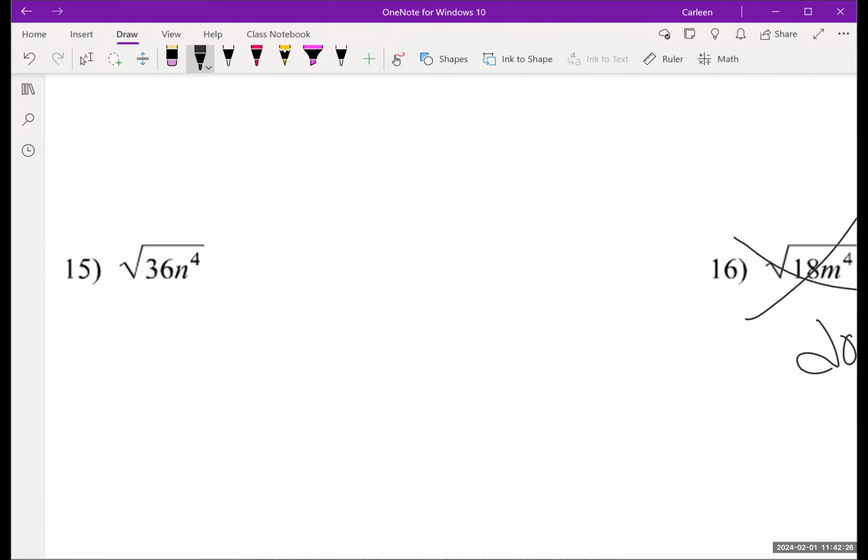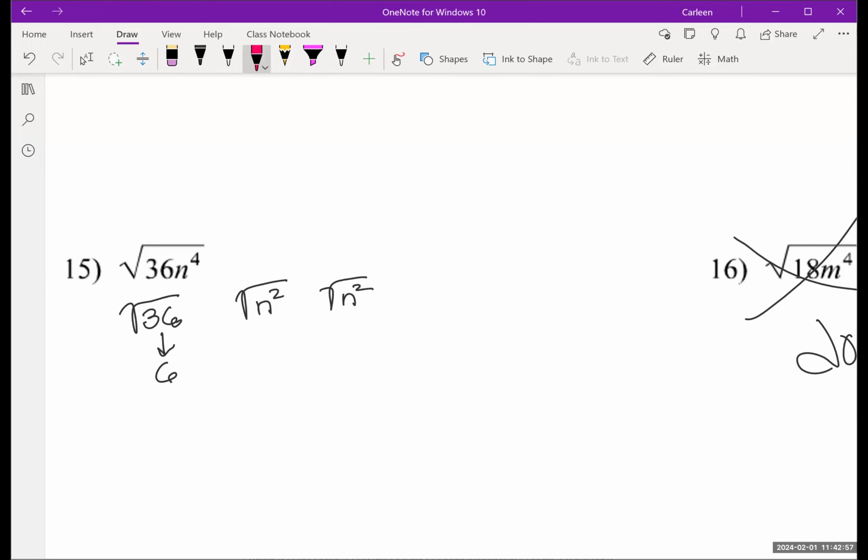Okay, let's take a look at this one. 36. We're going to have the square root of 36. Now, I'm going to break n to the 4th into n squared, n squared. So what's the square root of 36? 6.